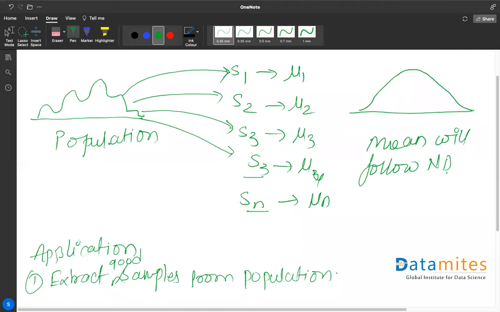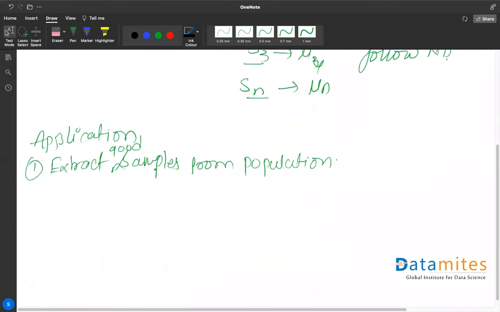We need to resample and bring new samples until we get a normal distribution. If we get one, we can take this set of samples and do analysis on them. So this is an example of extracting good samples from the population.